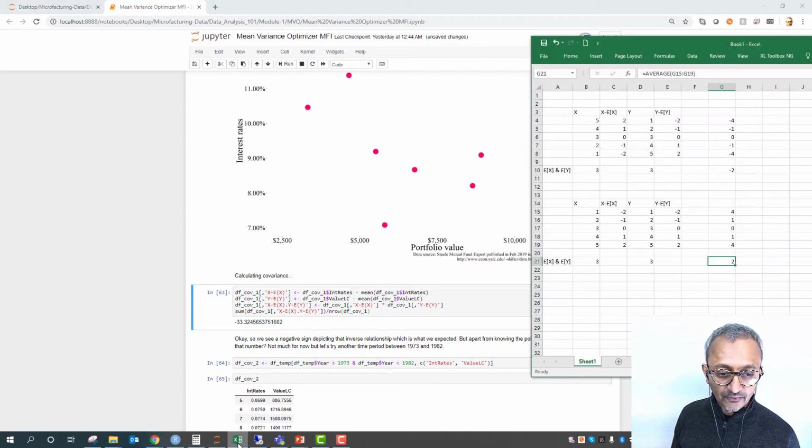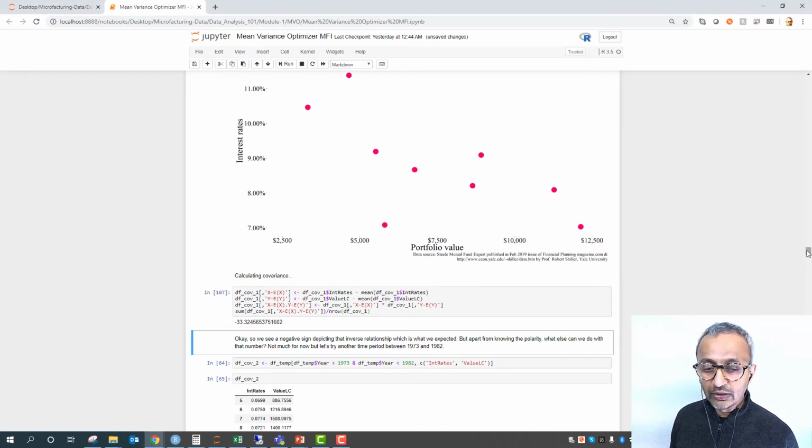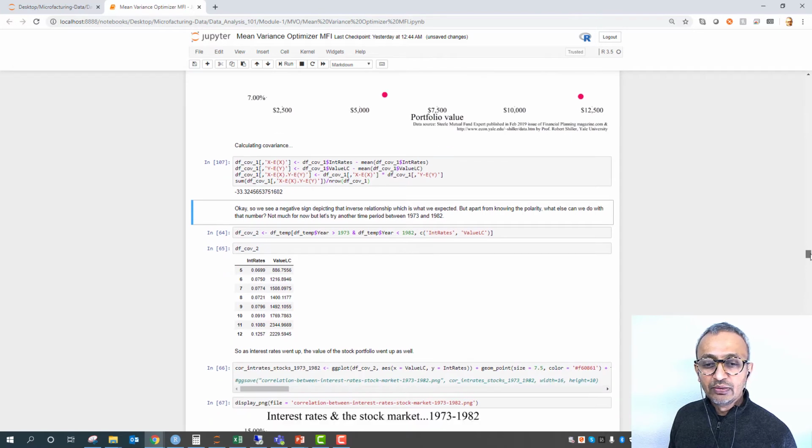No different. And we calculate this covariance of minus 33, so that is an inverse relationship. We see a negative sign depicting the inverse relationship, which is what we expected based on the plot we saw. But apart from knowing the polarity, what else can we do with this number, or what does it mean?